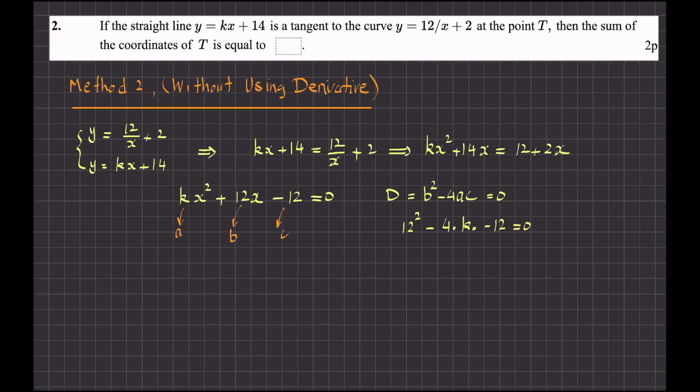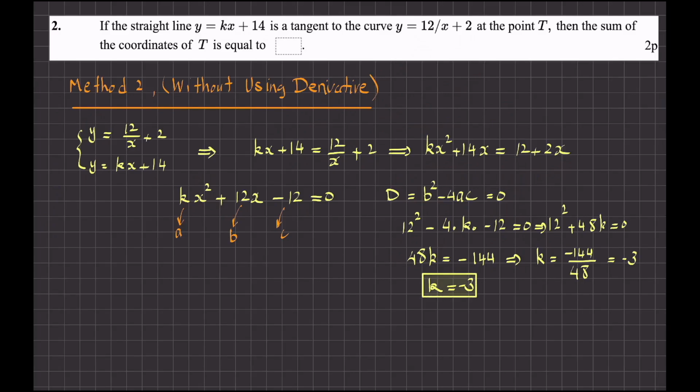So this means that 12 squared plus 48k equals 0. So this means that 48k is equal to minus 12 to the power 2, which is minus 144. And then when I want to find k, it is minus 144 divided by 48, which is just simply minus 3. Yes, k is minus 3.